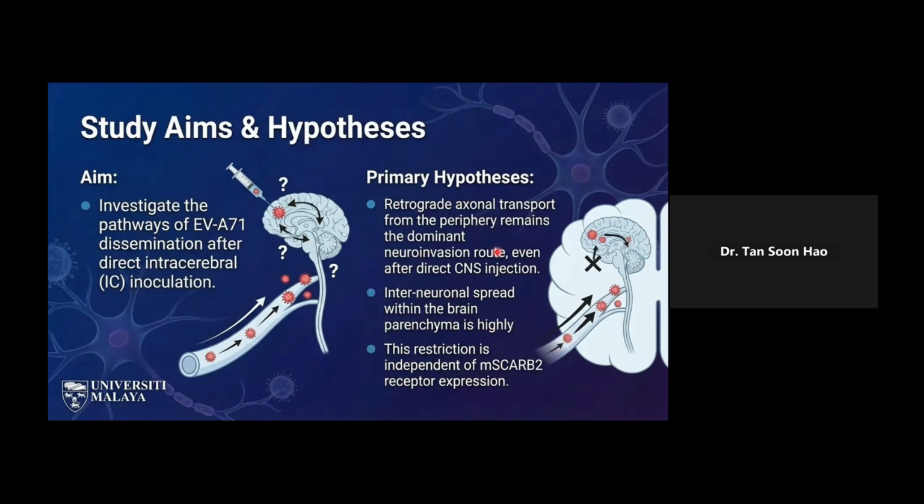The virus will flow back to the blood and cause a viremia, and it will utilize the retrograde axonal transport back into the brain itself, rather than intra- or interneuronal spread within the CNS. Secondly, the viral entry receptor SCARB2, here we're using the mouse model, so it's mouse SCARB2, is not responsible for, or is independent of, the inflammation patterns that we observe in the brain regions.